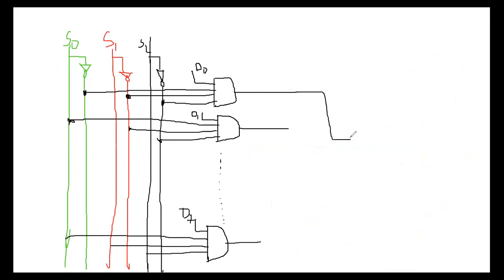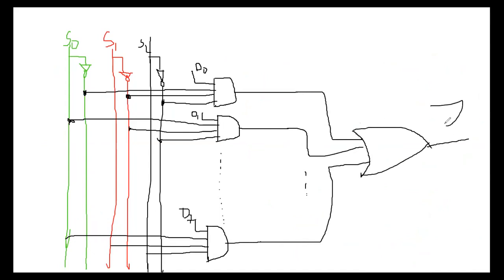Now all the outputs, whatever you are getting, are connected to the OR gate to get the output, Z is equal to. So like that, we can draw the logical diagram of the 8x1 MUX.